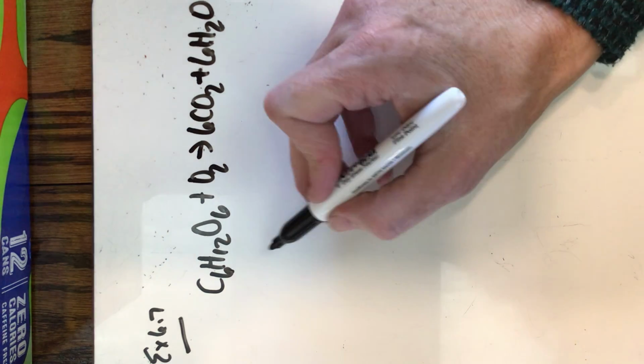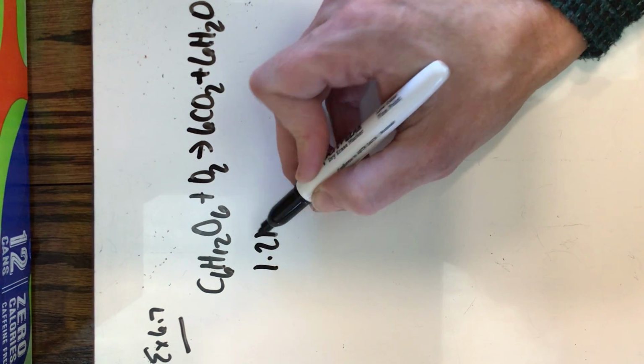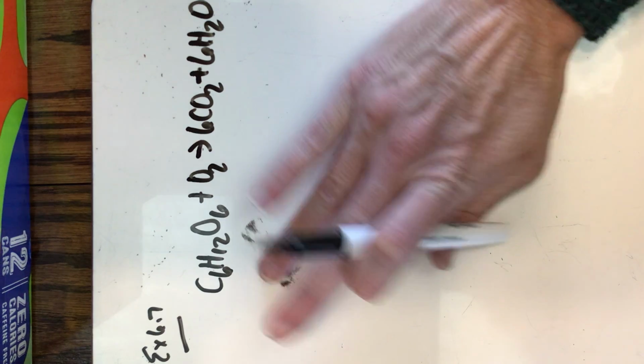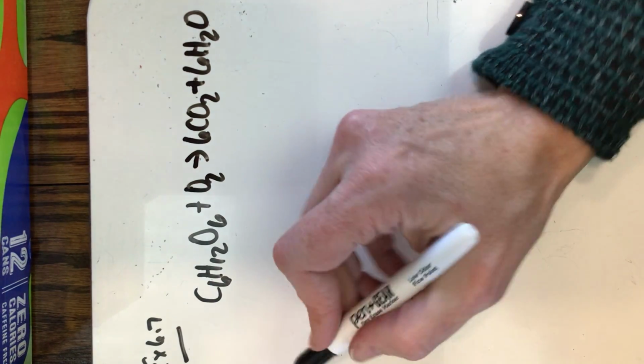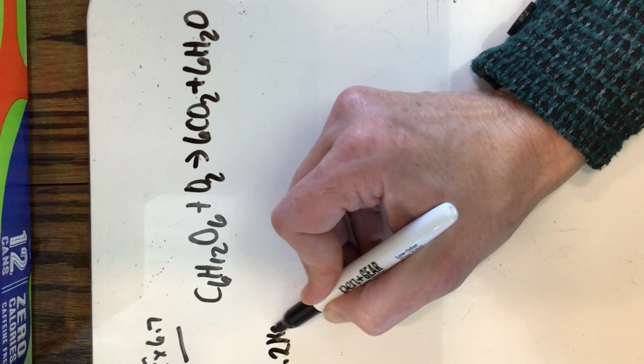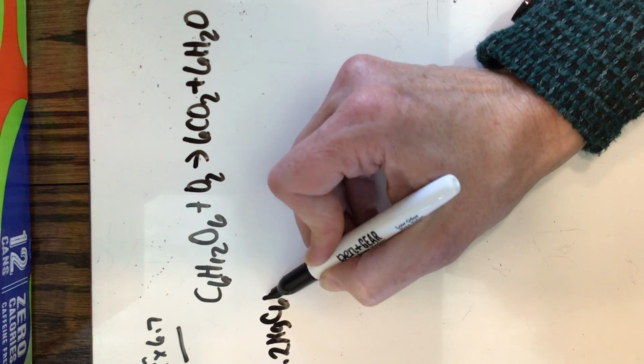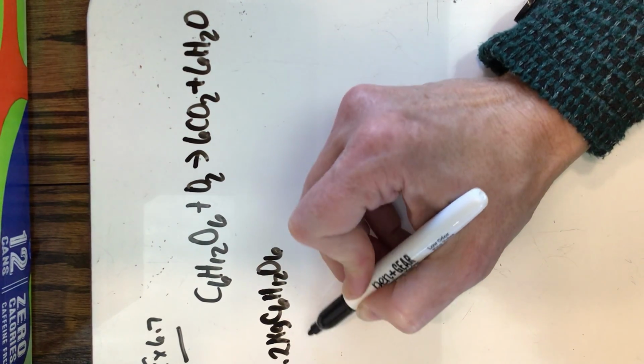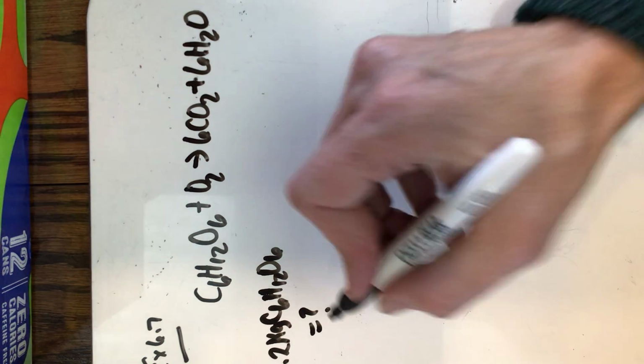So the question was, if the average adult burns 1.2 kilograms of simple sugars, I'm going to write my question over to the left so I can keep my organization here: 1.2 kilograms of C6H12O6, how many grams of water is eliminated?